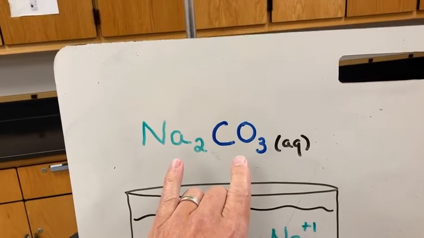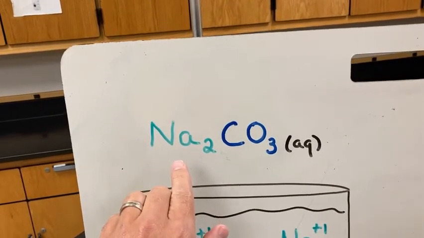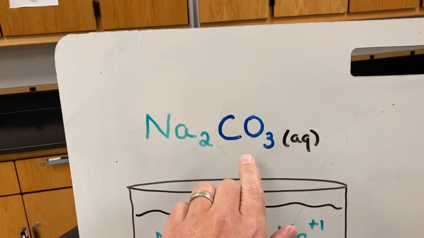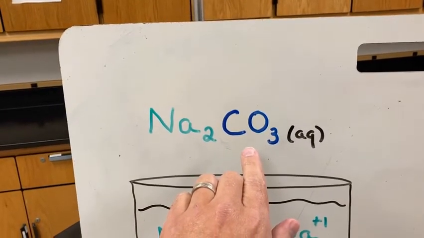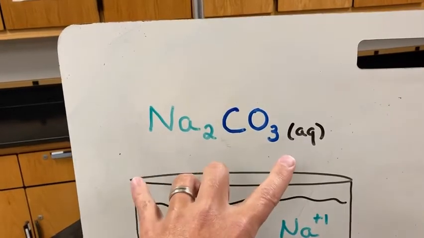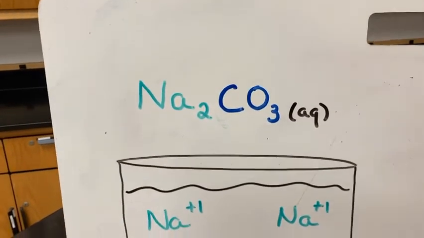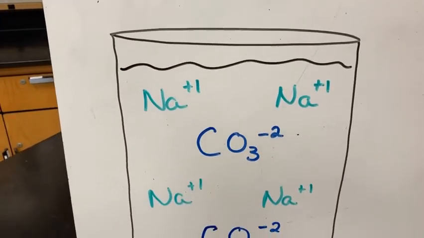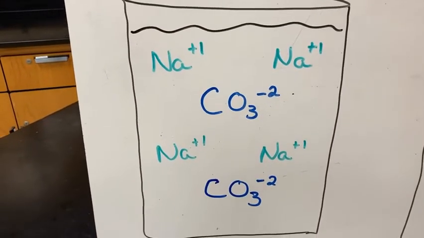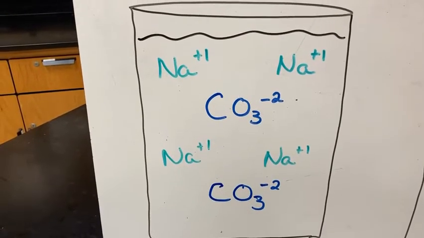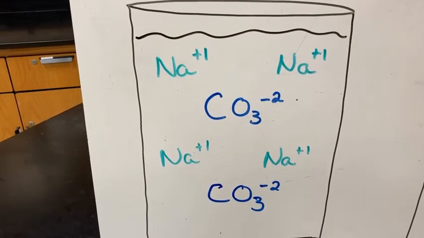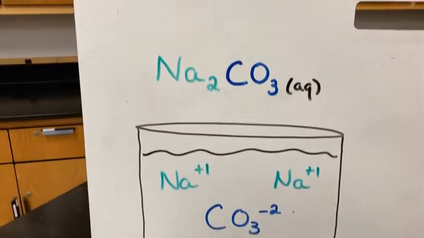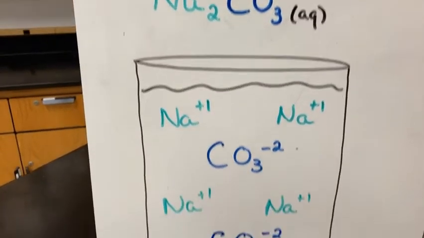Well, the two sodium ions of +1 that are bonded to the carbonate, that polyatomic ion with a -2 charge, are actually ripped apart, what we call dissociated, in water. They become free-floating ions, always in a mole ratio of 2 sodium ions to every 1 carbonate anion, because that's what the formula is, a 2-to-1 ratio.